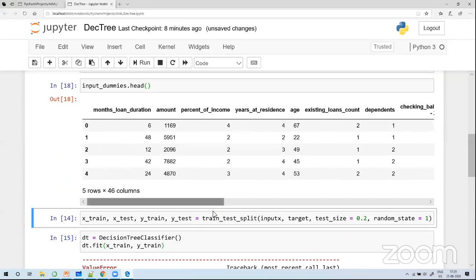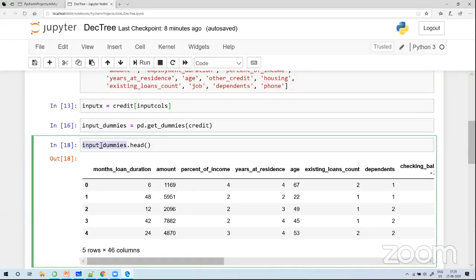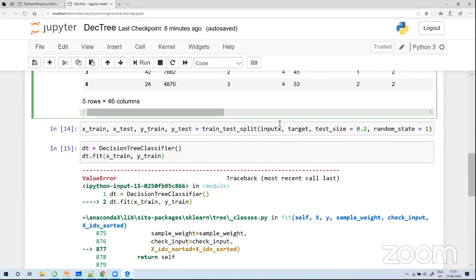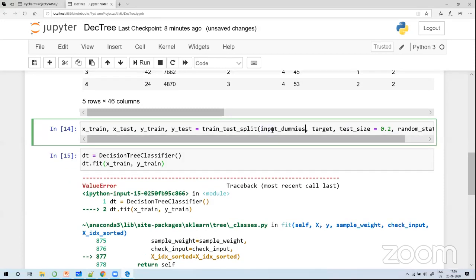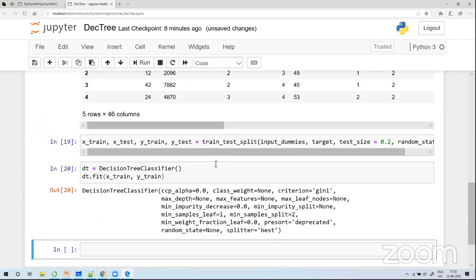That's a lot of variables there, but that's okay. Right. Now we are going to use this target, everything fine. Okay, it ran.